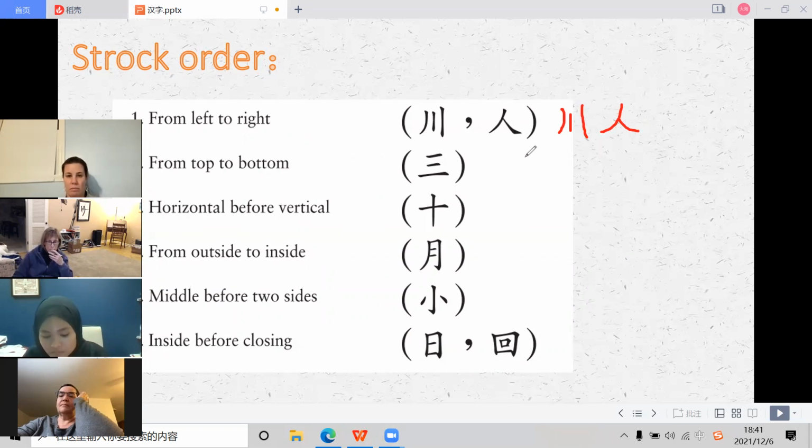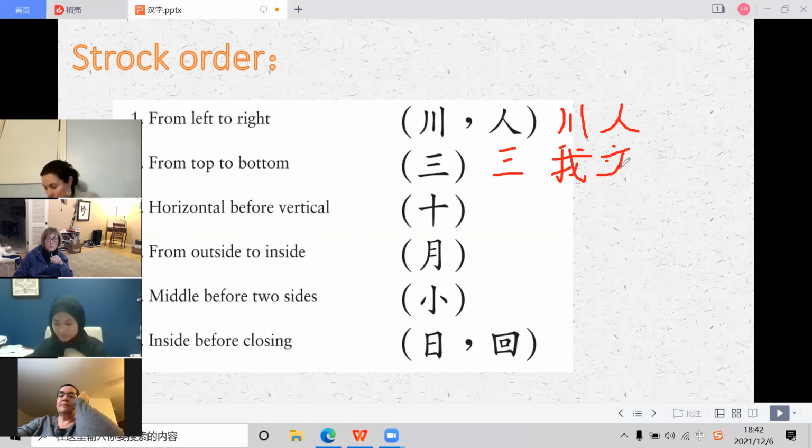For example, 三, and 我, from top to bottom. And 文, from top to bottom.